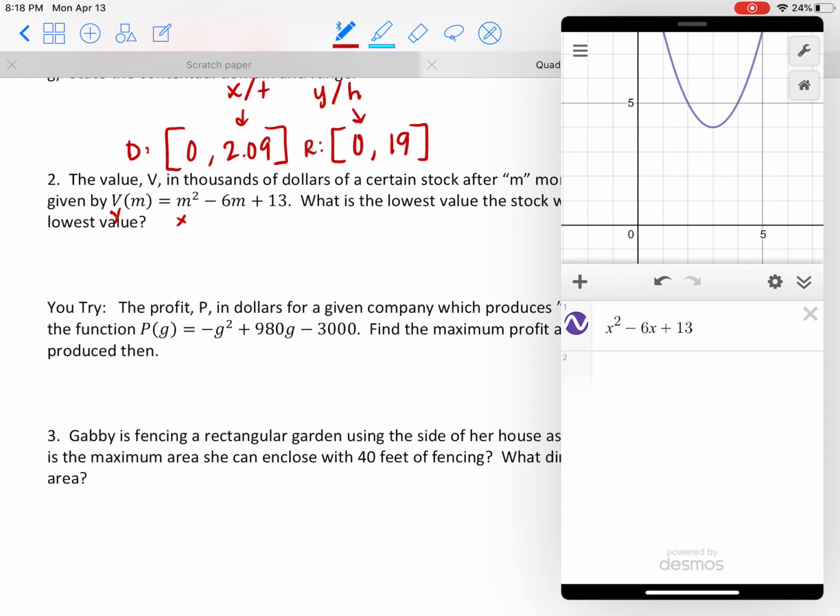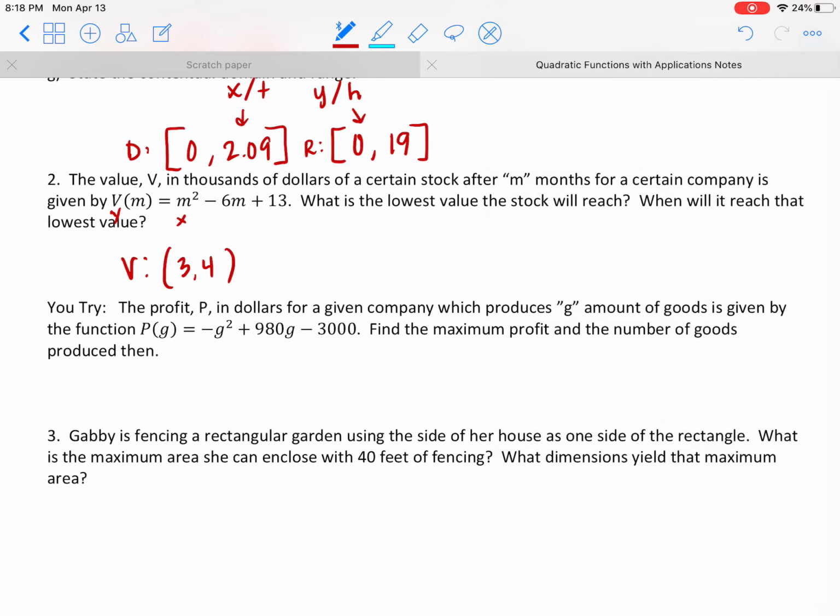In place of y, we have v. Okay? So we have a lowest point happening right there. That's where everything that's important to this problem is happening. So we graphed this function, and it showed us a vertex at 3 and 4. Okay, and that's going to be how we answer this question.